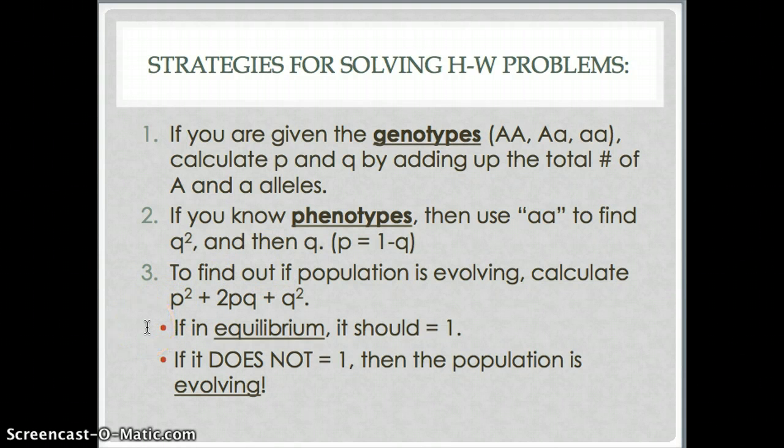And if that equals 1, then we can say that the population is indeed in equilibrium. But if it's not, then we can say the population is evolving. So keep in mind, when p squared plus 2pq plus q squared equals 1, then the whole population's in equilibrium. If it doesn't, then it's what we call an evolving population.